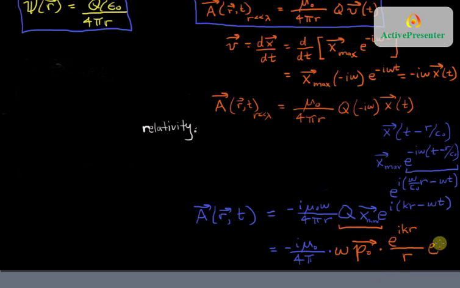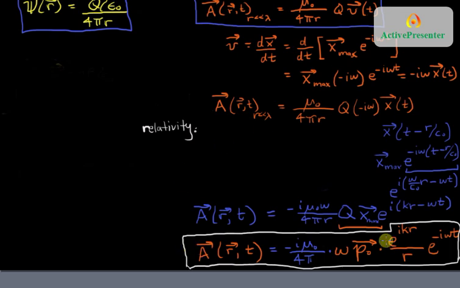And then I've got the time dependence, e to the minus i omega t. So there is our vector potential for an oscillating point source, which is to say an oscillating little dipole. Constants, omega p naught, e to the i kr over r, e to the minus i omega t.